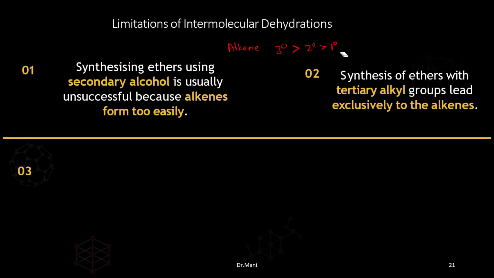Primary is favorable for ethers. Secondary is also more favorable for alkenes compared to ethers. So remember, the synthesis of ethers with tertiary alkyl groups is exclusively for formation of the alkenes. And the reaction that happens here is actually an E2.